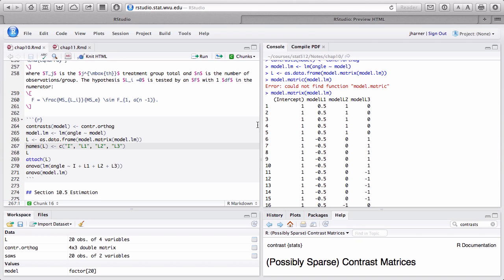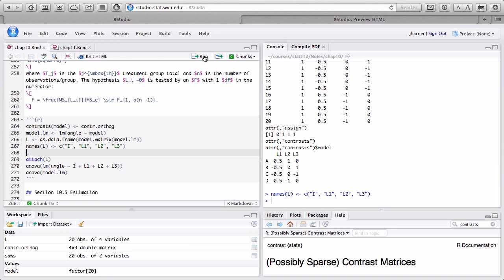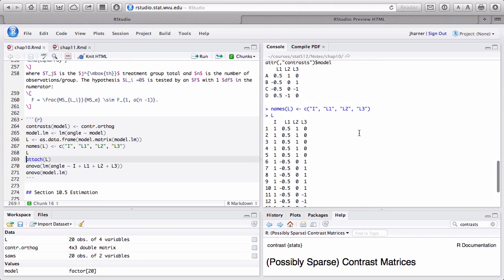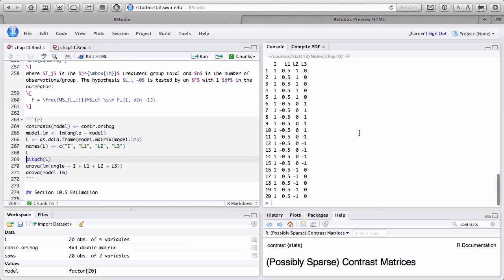That was default, and then it gives intercept in parentheses, which is not really the name. If you try to use that as a name, it will not work. So I'm going to define new names for this data frame. I coerced that model.matrix to a data frame L, and then I'm going to give it new names. And now when I print it out, it prints out a little nicer, and it doesn't give all those attributes.